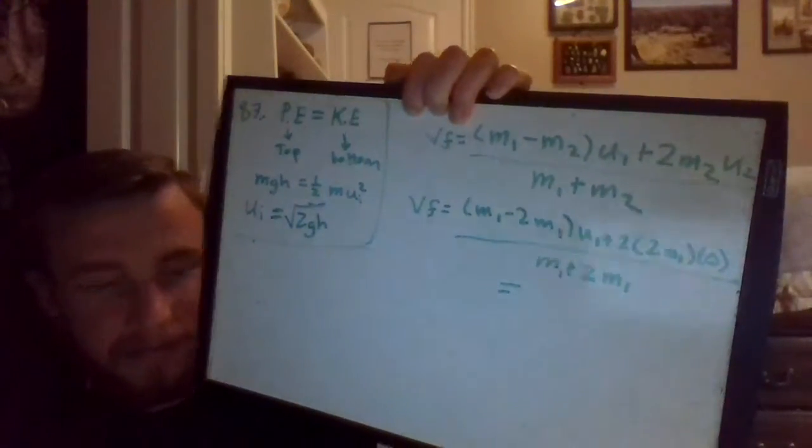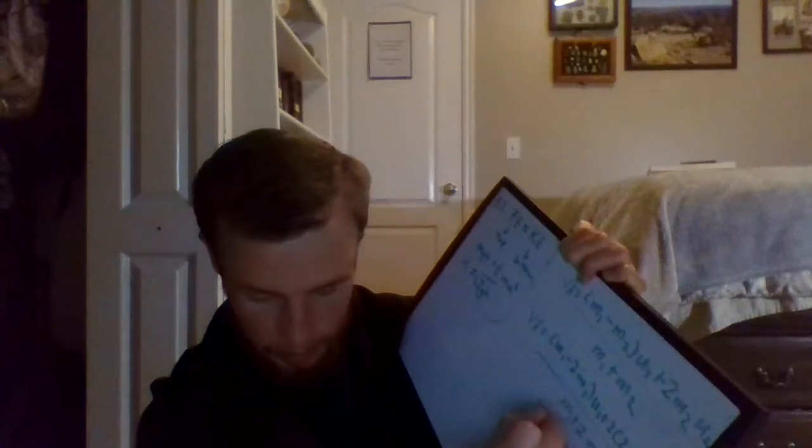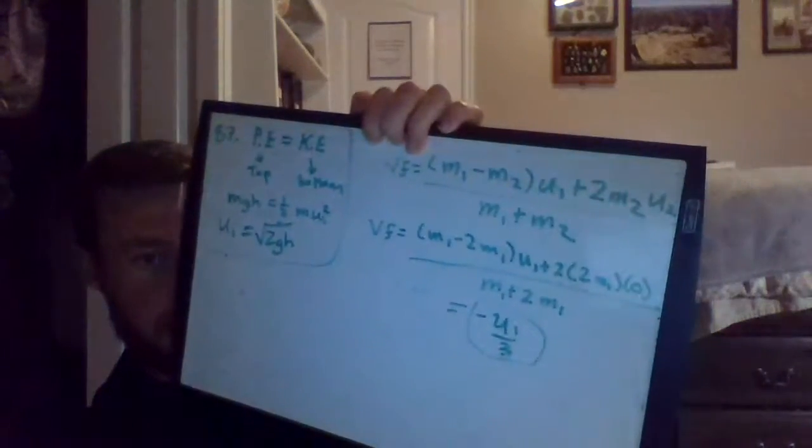We can rewrite this as m1 minus 2m1 times the velocity, plus 2 times 2 mass of the 1 times 0, all over the mass of the first one plus 2 times the mass of the first one, and that equals negative u over 3. There's a quick simplification.